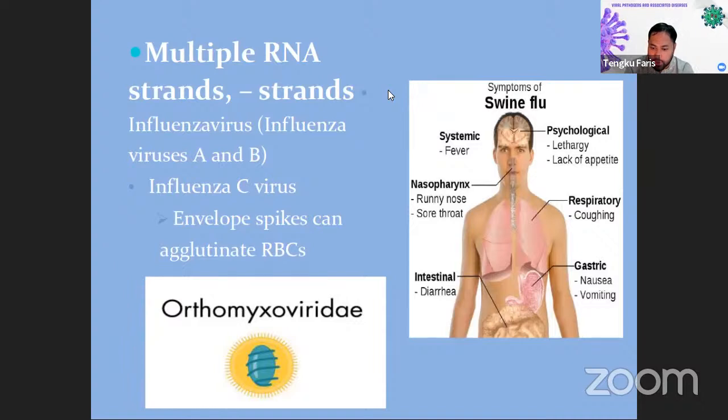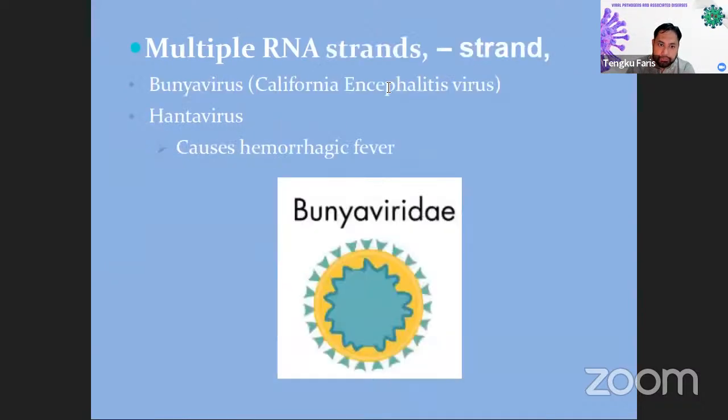So this is quite a little virus, but please be careful, and please seek immediate medical attention if you think that you have fever, lethargy, nasopharyngeal symptoms, runny nose, coughing, or diarrhea, gastric symptoms, all the symptoms that I have mentioned here.